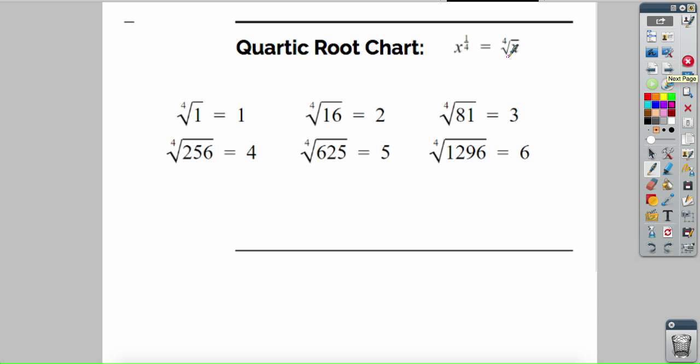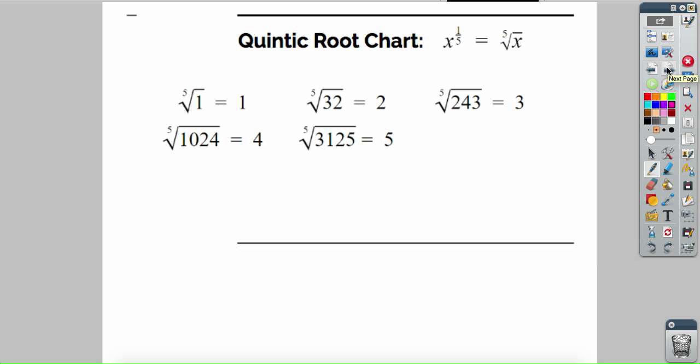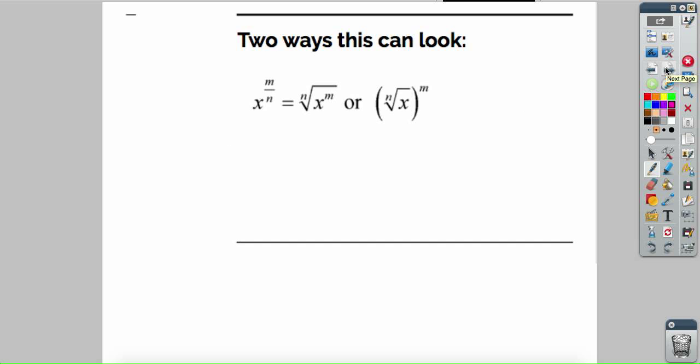So again, the 4th root of something is the same thing as x to the 1/4 power. Go ahead, hit pause, copy that down. And then the quintic root chart. So anything that's the 5th root is the same as x to the 1/5. And these are all numbers that I need to take times themselves 5 times to get that root.